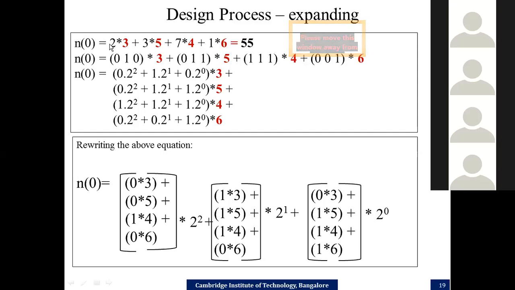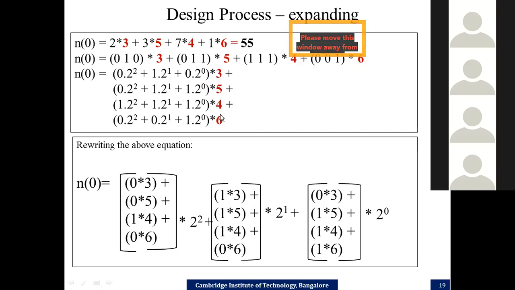The output will not change; multiplication will again lead to the same product. Similarly, the second term, 5 into 0, 1, 1: 0 into 2 power 2, 1 into 2 power 1, and 1 into 2 power 0, multiplied by 5, plus 1, 1, 1 into 4. I have written it here. 0, 0, 1 into 6 is written down here.